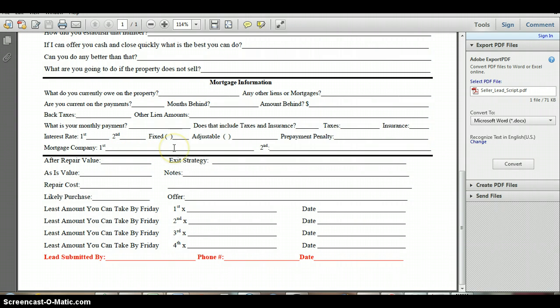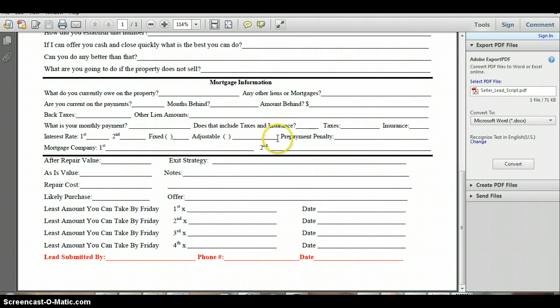More importantly, you want to know whether or not this mortgage is a fixed rate mortgage or an adjustable rate mortgage. If it's a fixed rate mortgage, you just check that off. If it's an adjustable rate mortgage, this means this person may be in a lot of trouble because adjustable rate mortgages are a very, very bad deal for most people.